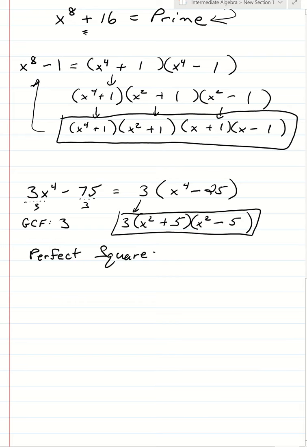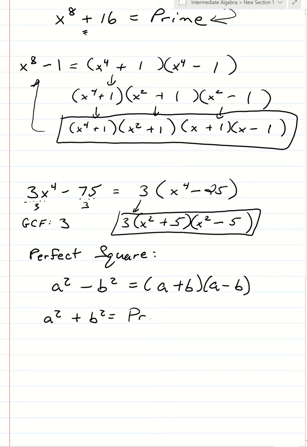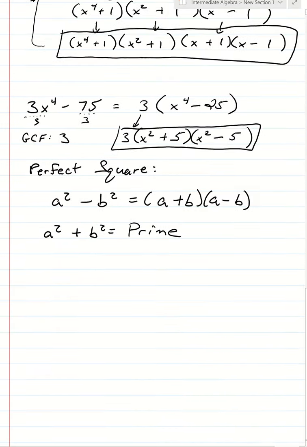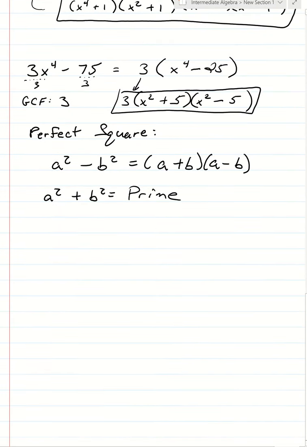When dealing with perfect squares, if you have a squared minus b squared, that's going to become a plus b and a minus b. If we have the sum a squared plus b squared, well, this is the sum of two perfect squares. That's not factorable. That is in what we call prime. Okay? All right. Now that's perfect squares.